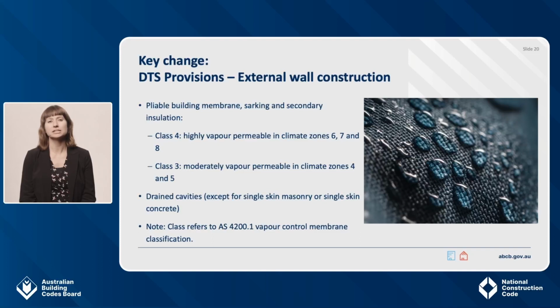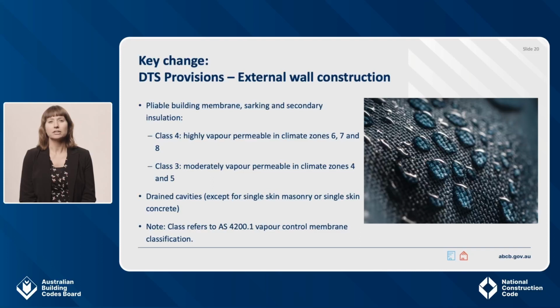This has changed for NCC 2022. In addition to pliable building membranes, where a sarking type material or insulation layer is installed on the exterior side of the primary insulation layer of an external wall, both materials now need to be vapour permeable. In climate zones 6, 7 and 8, these layers are required to be at least as permeable as an Australian Standard 4200 Part 1 compliant Class 4 vapour control membrane.